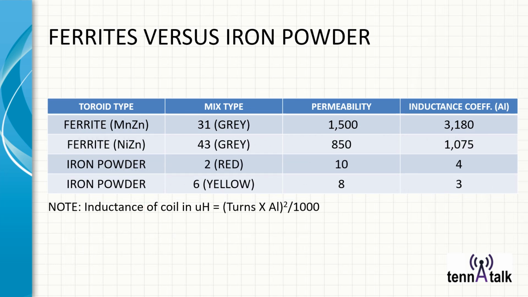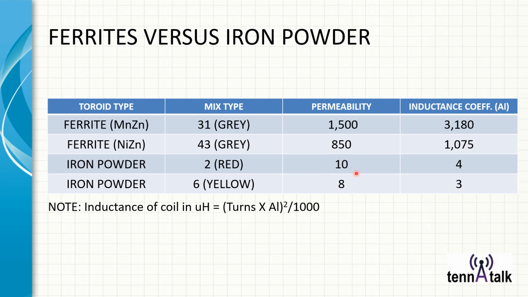Now, confusion can happen between ferrites and iron powder. Some people get confused and think that you can use an iron powder core for a CMC or TLT. You cannot. You'll typically see the red or yellow cores.